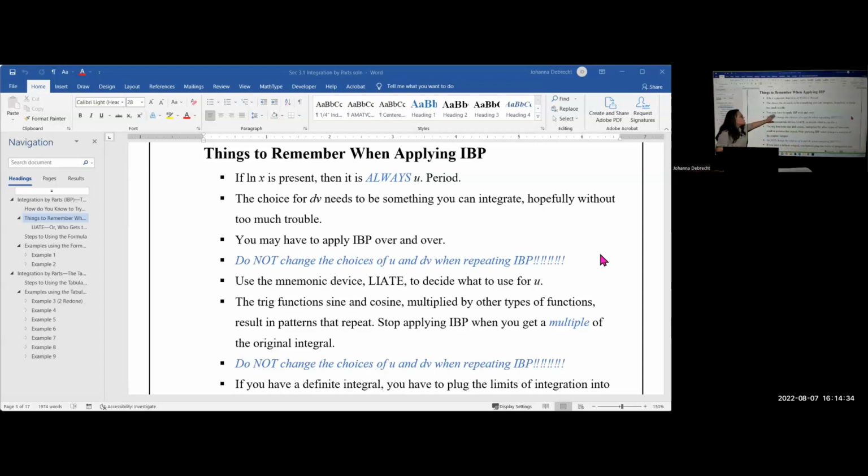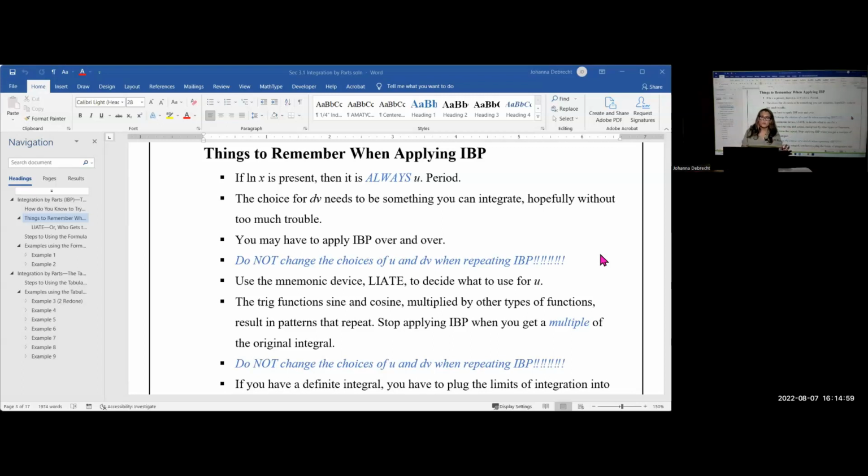All right? You may have to apply integration by parts over and over again. This is not a one shot and we're done kind of deal. Sometimes once is enough, but I would say that's relatively rare. We typically do integration by parts multiple times. Do not change the choices of u and dv if you have to repeat integration by parts.